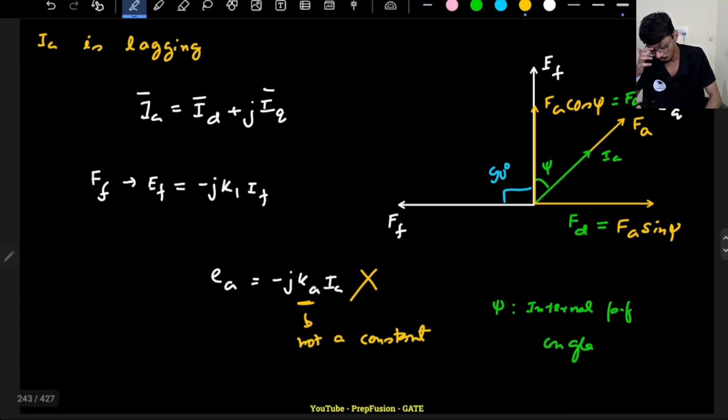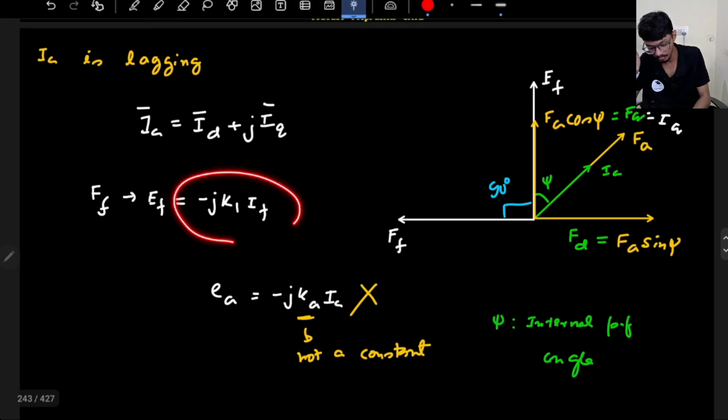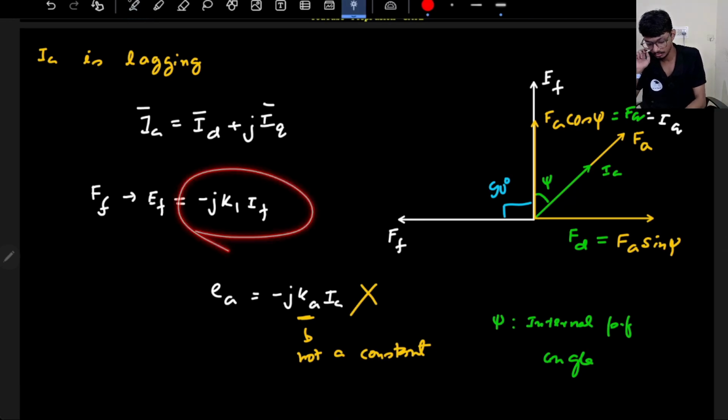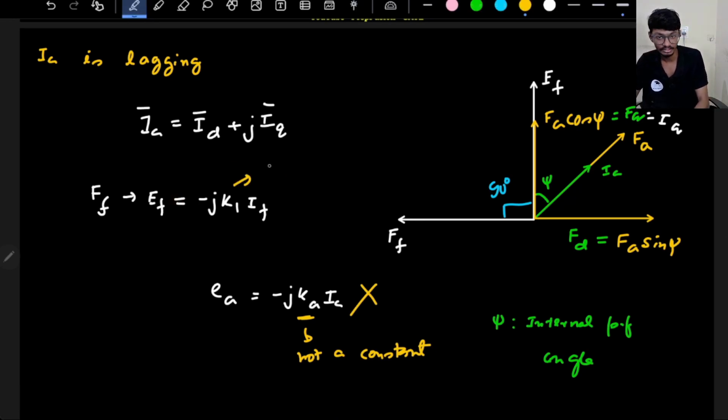What is supposed to come over here? In the case of E equals minus j into I, we are noticing lagging behavior, so it is basically reactance: minus jX into If. This reactance is always constant. That is what we assume.